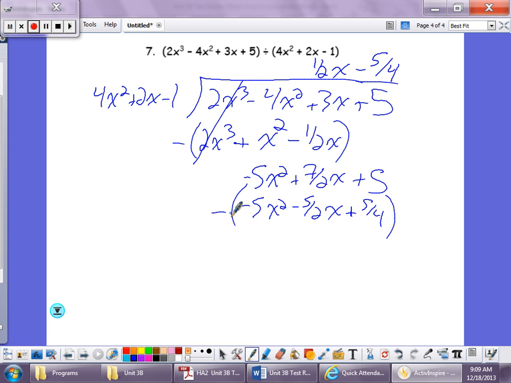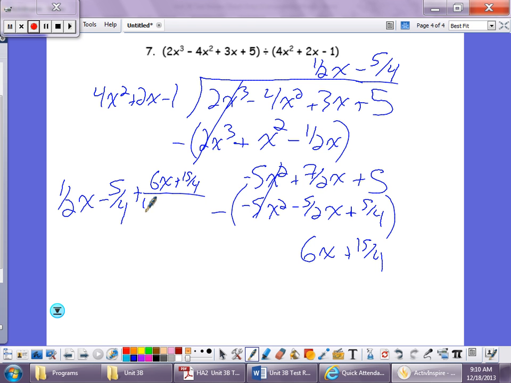And you're subtracting that. So now these would cancel. 7 halves minus negative 5 halves is 12 halves, which is 6x. 20 fourths minus 5 fourths is 15 fourths. So that's your remainder. So your final answer would be 1 half x minus 5 fourths plus 6x plus 15 fourths over 4x squared plus 2x minus 1.